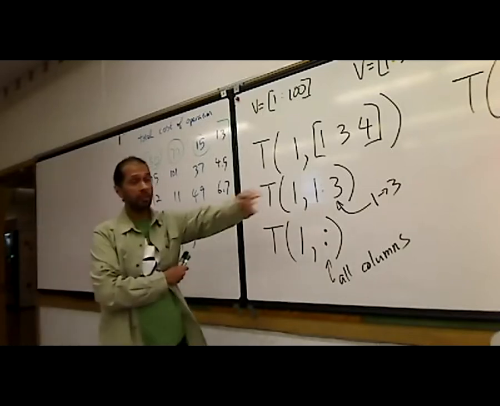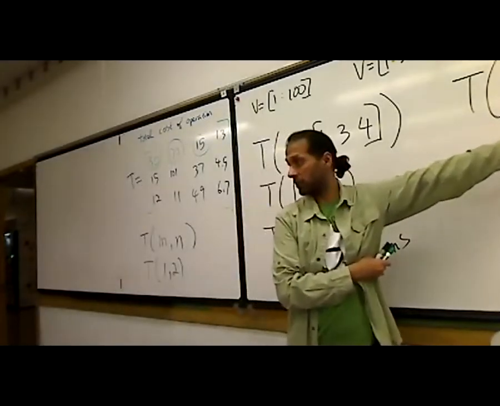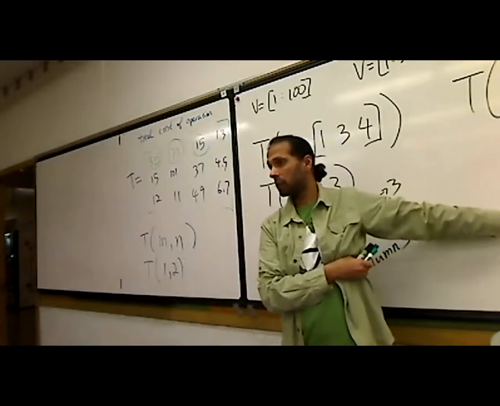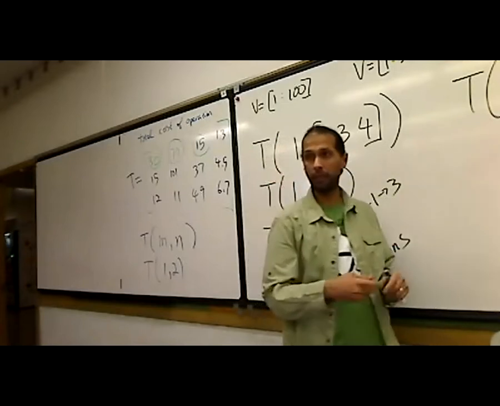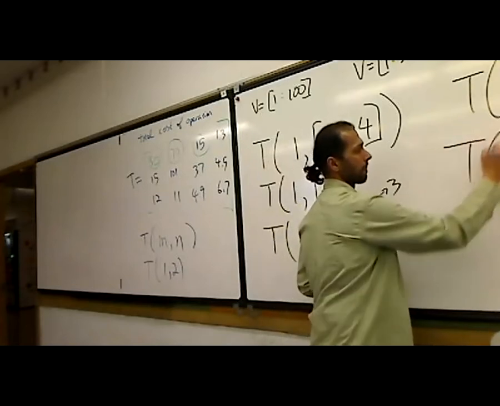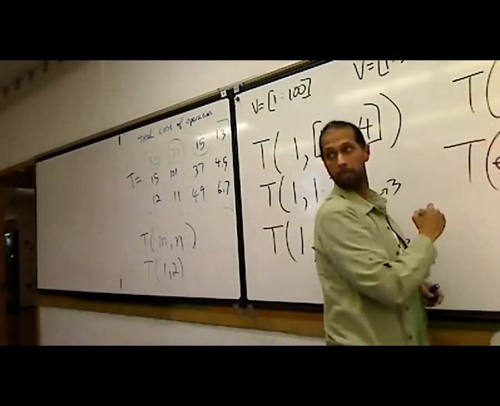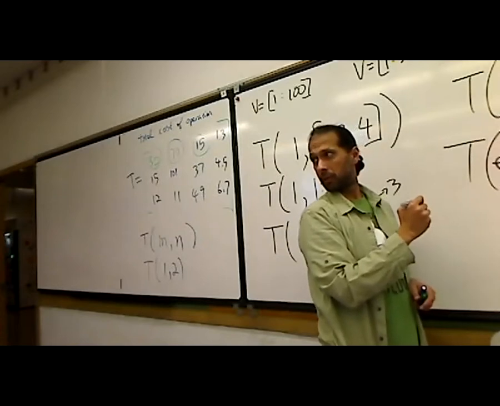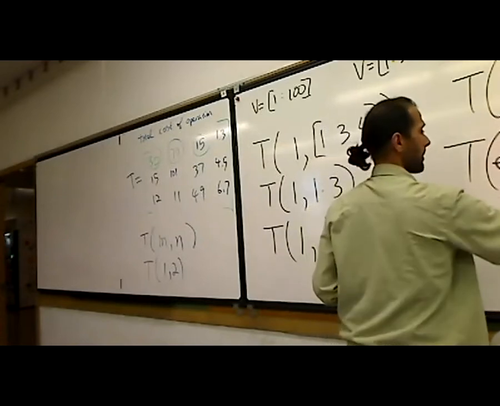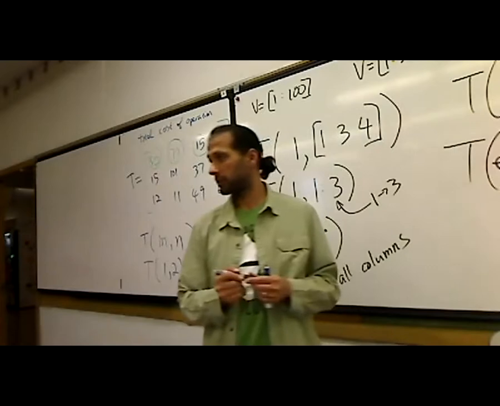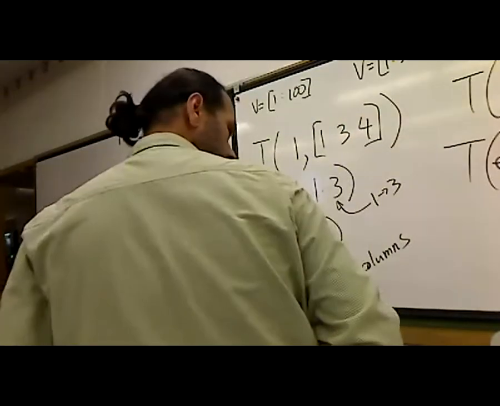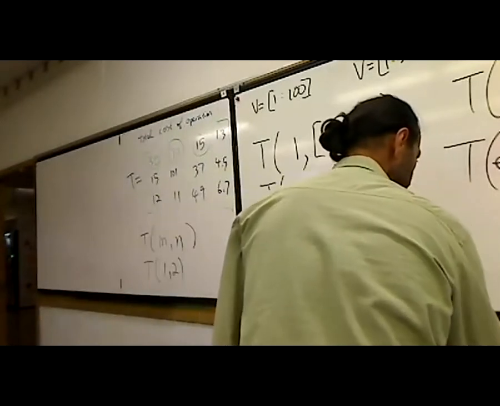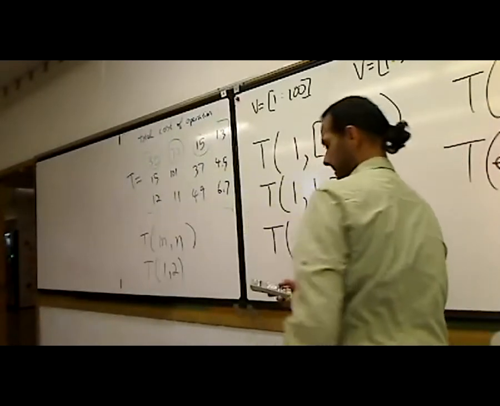So this is row 1, last column. What would it look like if I wanted column 1, last value? Column 1, last row. Yeah. Okay, let's see that real quick, and then we'll take our break.